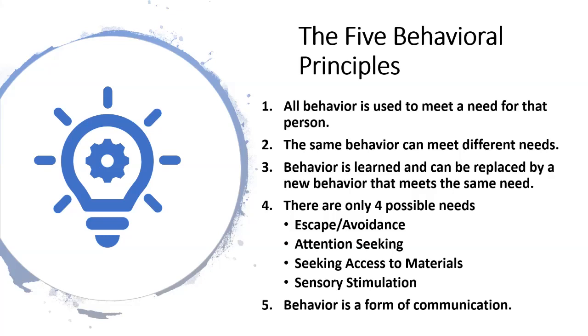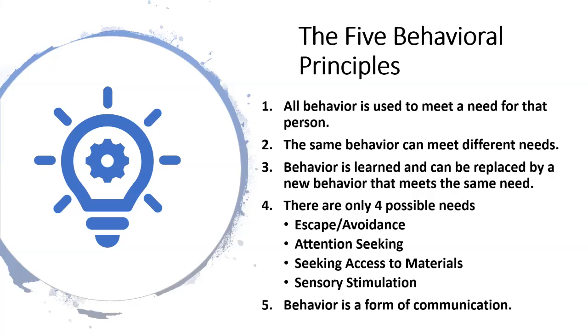One child will meet that need by asking the peer who is using it for a turn. May I please have a turn? Another child will meet that need by hitting the peer who has the toy and scooping it up as she drops it. Even though hitting is an inappropriate behavior, the child's need for that toy is met.